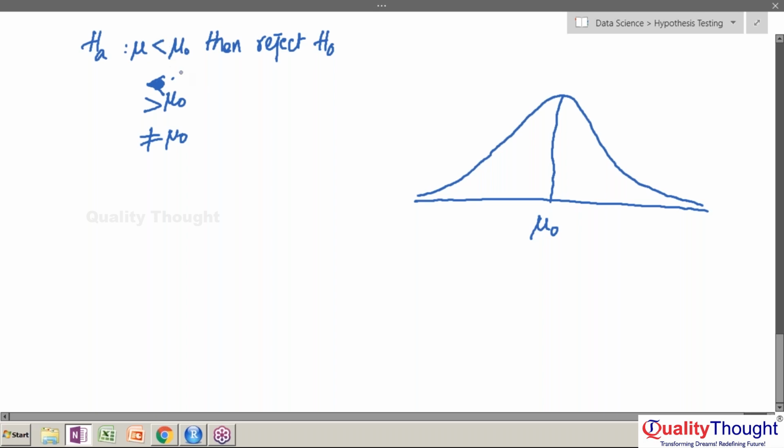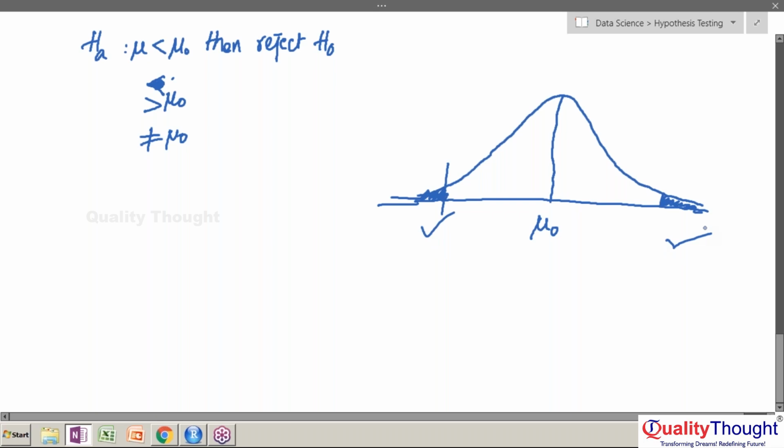When it is less than mu naught, the critical values will come on the left of mu naught. When it is greater than, you will get the critical values on the right side. When it is not equal to, you need to consider both sides of the critical values.